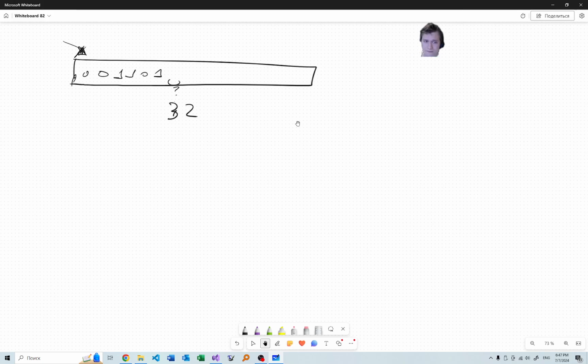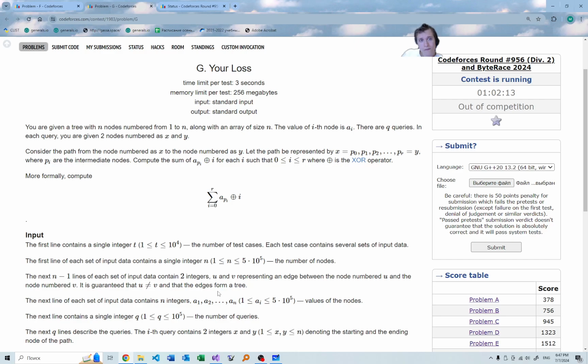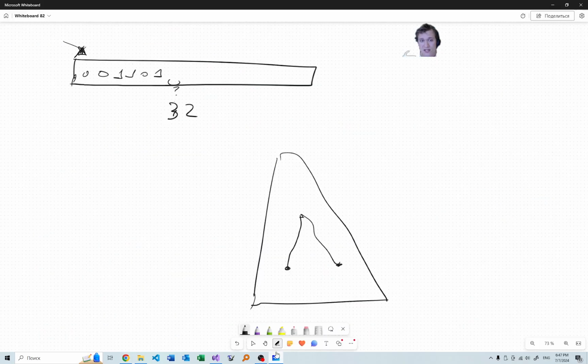Okay, so basically what are they saying in this problem? They're saying that we have a path, and I want to find the sum of the following XORs.